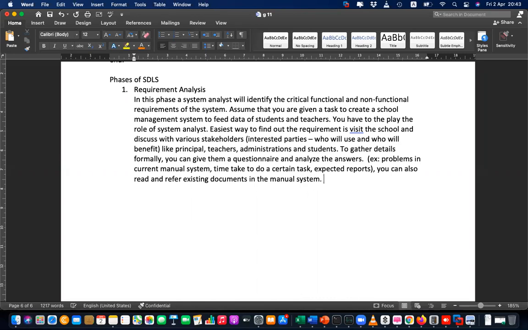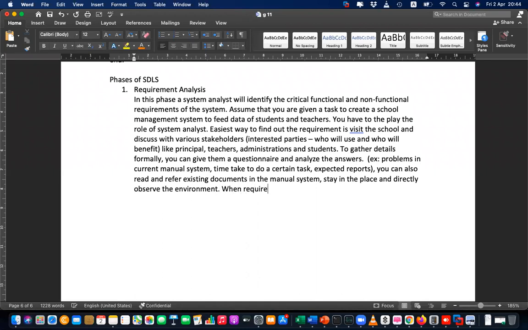That is also a way of finding out information. You can also stay in the place and directly observe the environment.